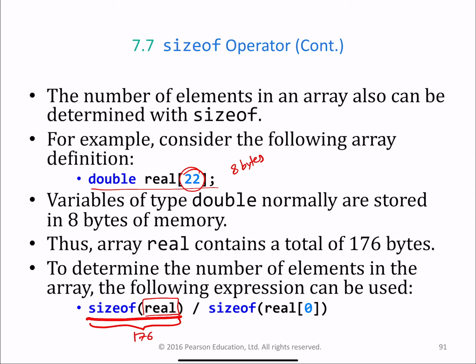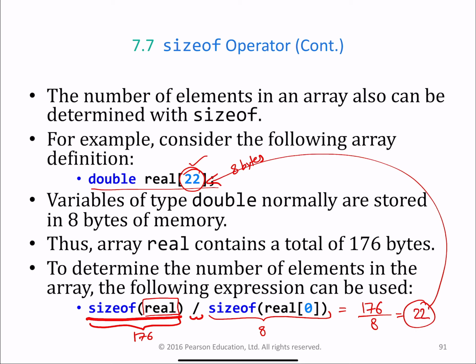If I'm interested in finding out the number of elements, the length of the array, I can divide that by the size of a single element, which happens to be, for double precision floating point numbers, 8. So what this gives you is 176 divided by 8, which will give you back 22, this 22.